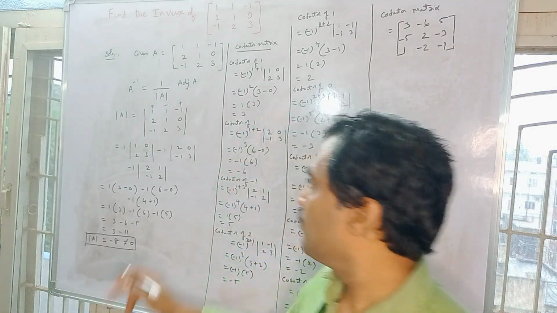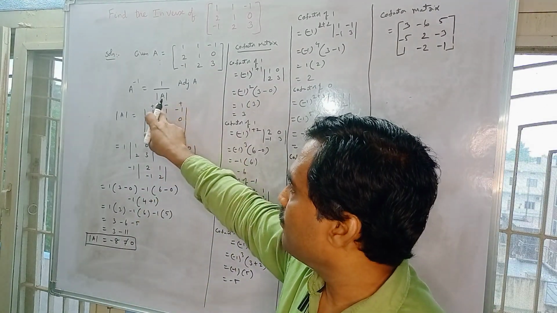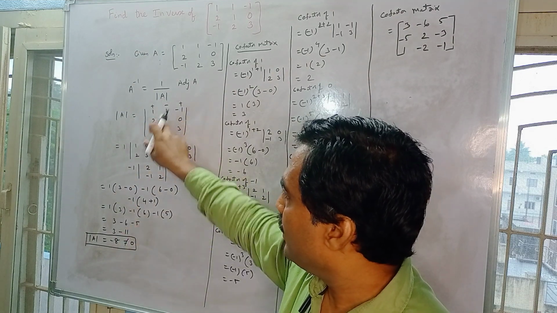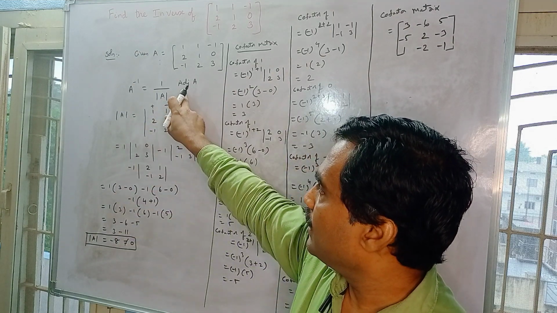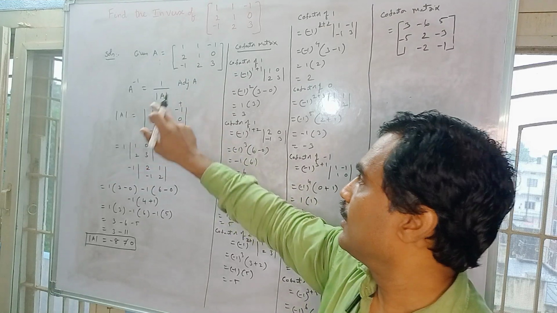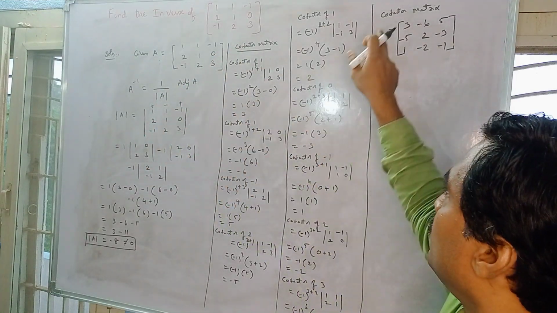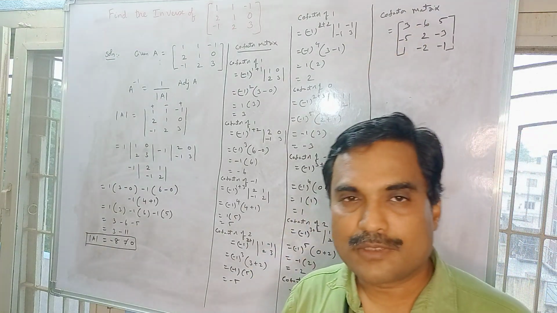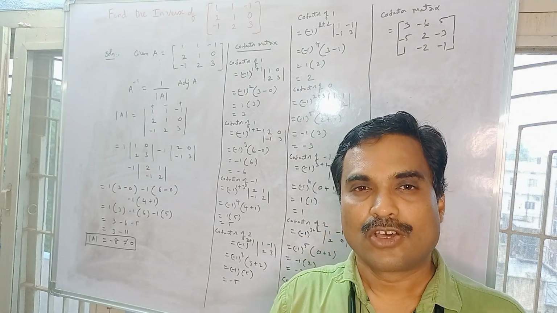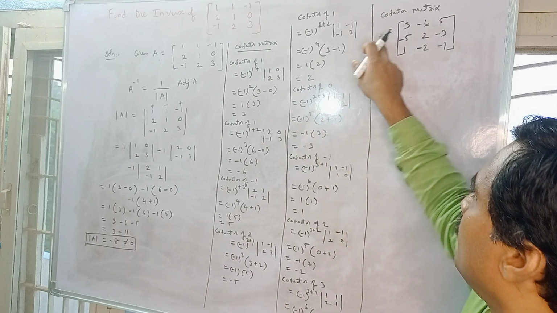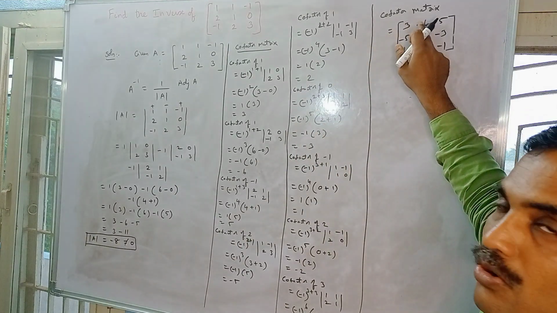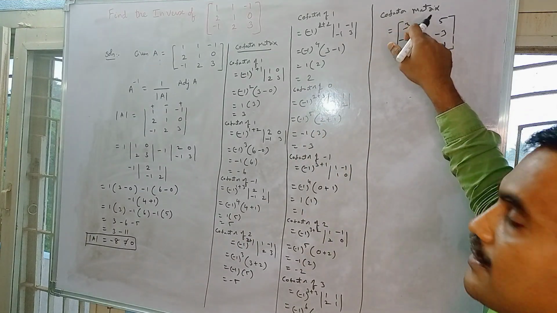So what is the next one? You got del A, we evaluated it here, and the next thing you need to find is adjoint A. So you got the cofactor matrix. So adjoint A is what? You have to transpose this. What is the transpose matrix? You have to change rows into columns. So we will change the rows of the cofactor matrix into columns.